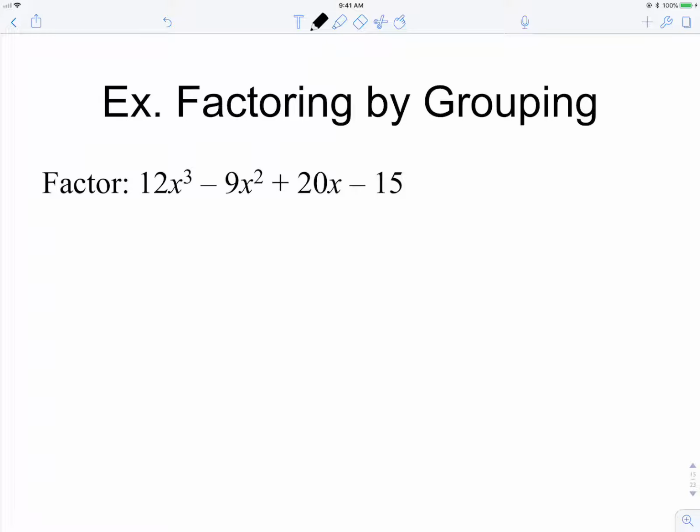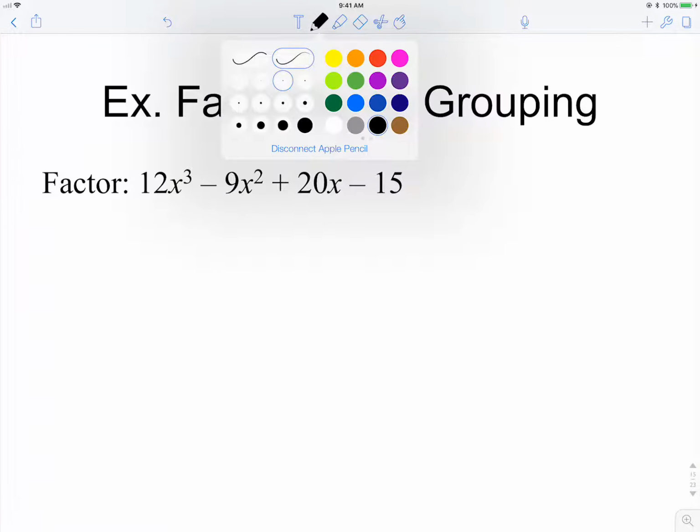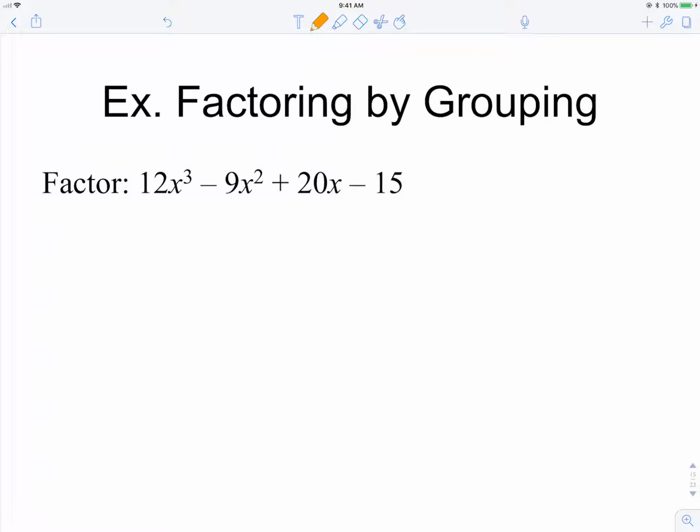So this first example, notice this is a cubic polynomial that has 4 terms. So by the associative property of addition, I can group these first 2 terms together, and then I can group these second 2 terms together.